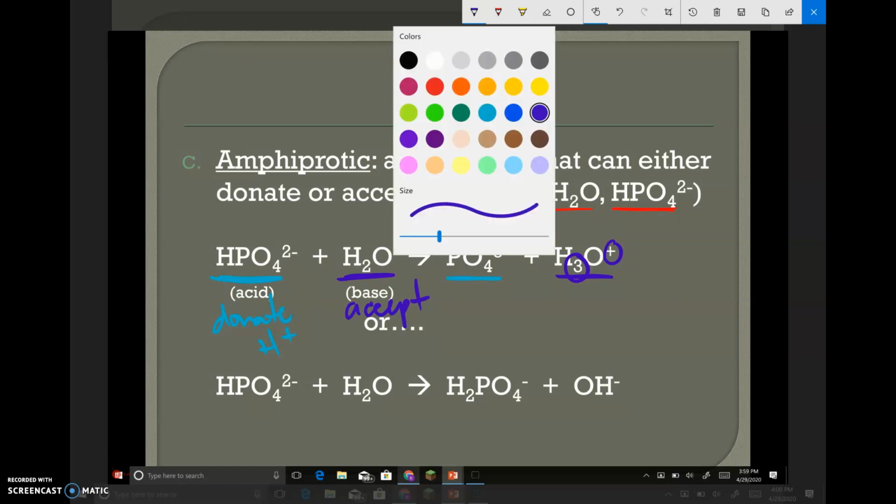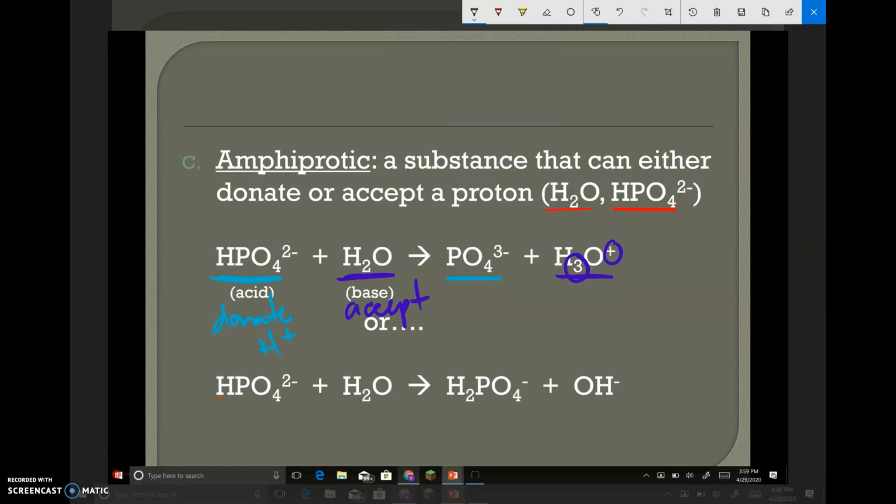In the bottom example, again, we're going to compare. Here's our monohydrogen phosphate. We're going to compare it to dihydrogen phosphate. The difference here is that we have increased the product side by 1 hydrogen. That means we've accepted, which means that this is the base.